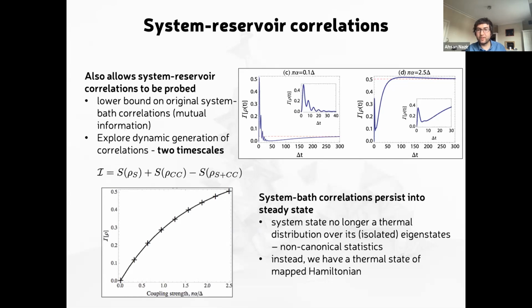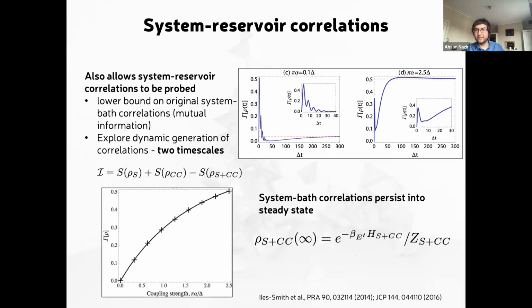Instead, as I said, we have a thermal state now of the enlarged mapped Hamiltonian. So that's what the crosses represent here. The line through it is just propagating out the master equation into the long time limit. And so we see that the two do agree. So it does appear that dynamically the system approaches this thermal state of the mapped Hamiltonian. So that thermal state is given here. As I said, it's in the enlarged space of the system plus collective coordinate.